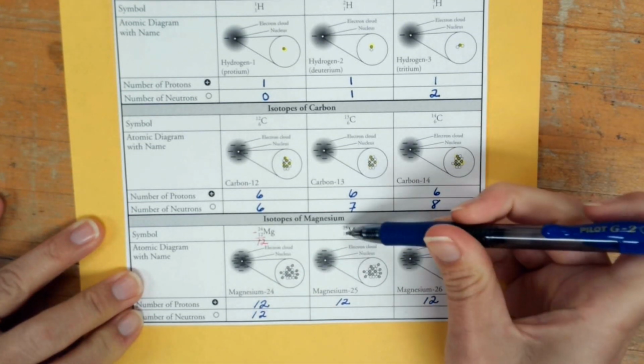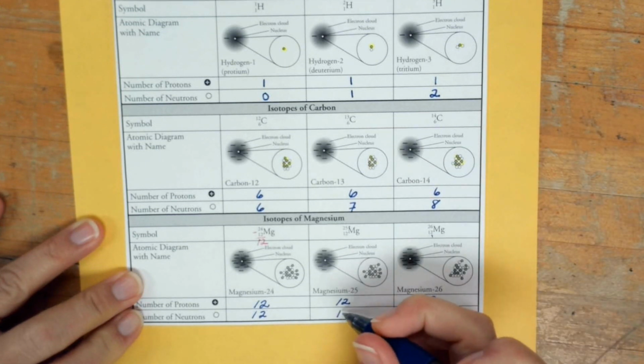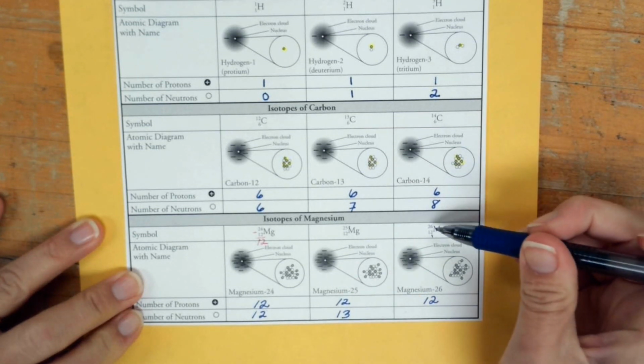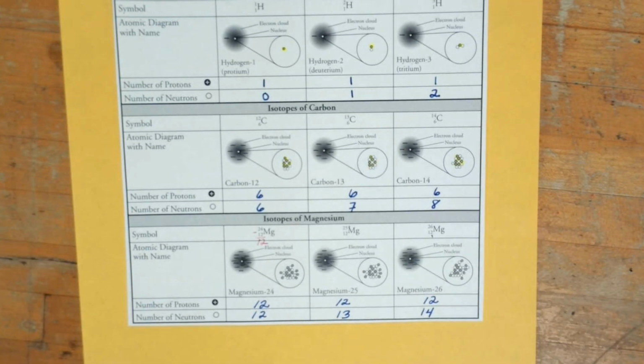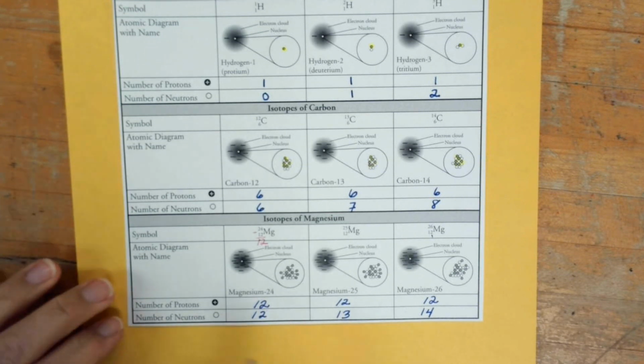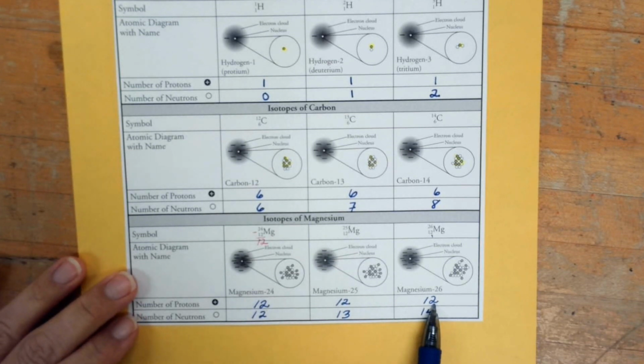Now in this one, 25 minus 12 is 13. 26 minus 12 is 14. All right, so let's take stock on this one. Again, we have 3 atoms of magnesium. They all have the same number of protons, so it's all magnesium, differing number of neutrons.